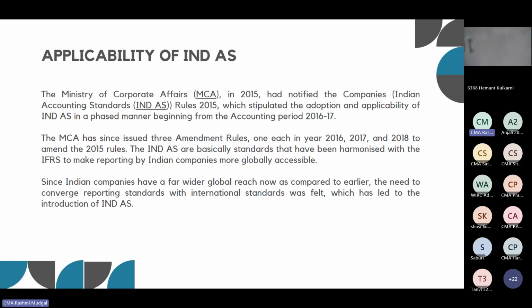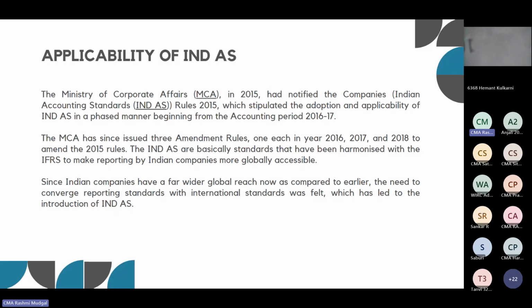It came after the Companies Act 2013, which stipulated the adoption of Ind AS in a phased manner beginning from the accounting period 2016-17. MCA has since issued three amendment rules, one each in 2016, 17 and 18, amending the rules of 2015.